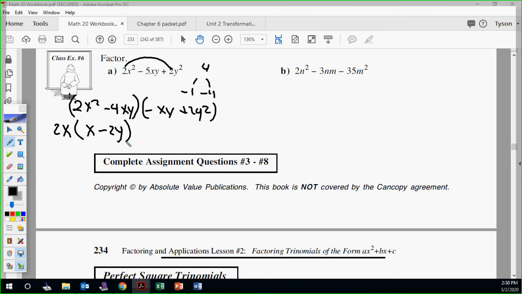What's the right bracket have in common? -y. Good. Always take your first term's negative, just heads up. And so that gives you x minus 2y. So we're happy because they matched. And so see, it wasn't really that bad. So it's going to be 2x minus y times x minus 2y. That's your final answer there.